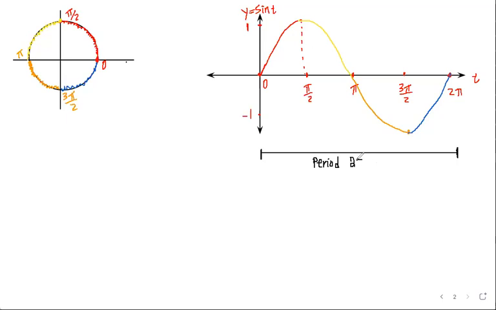It's 2 pi. So this means I can continue here, and the graph will be like this. The same thing on this side, I can continue because it's a periodic function. But I'm also going to use the values from here. Most of the time, most of my graph will be from 0 to 2 pi.